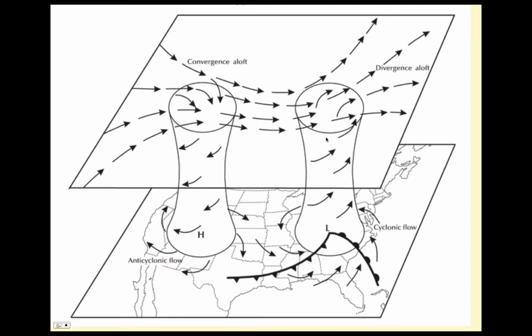Here's a pretty good drawing showing that. Again, here's the axis of the trough right here, where it's deepest, the lowest point aloft, and here's the axis of the ridge. In between the ridge and the trough, you get that convergence zone where you're adding more molecules than you're removing, which increases surface pressure, giving you clockwise flow at the surface.